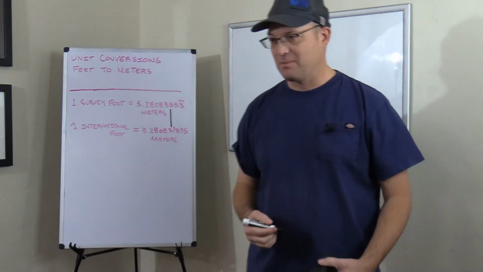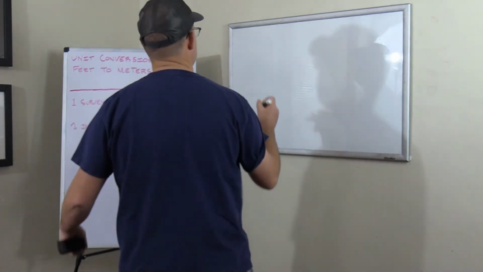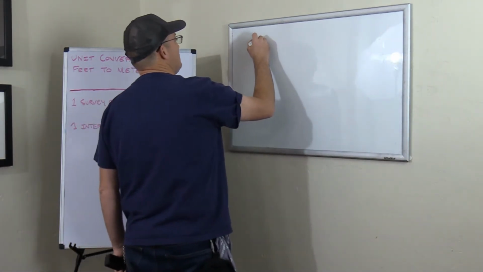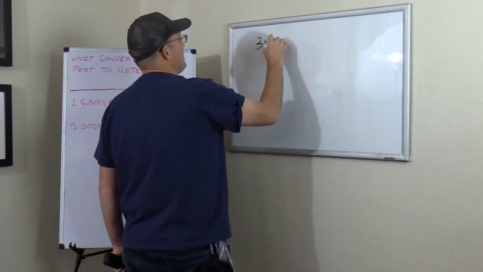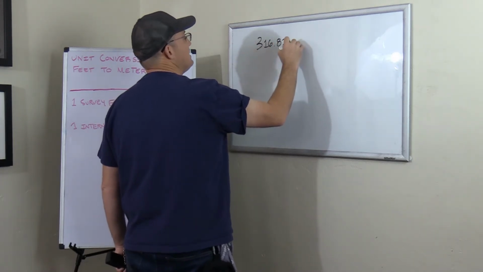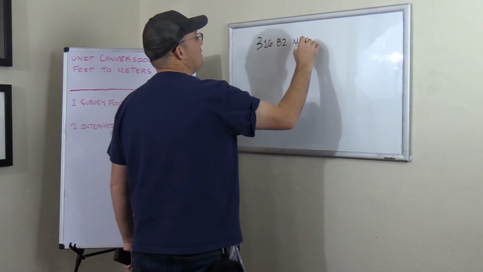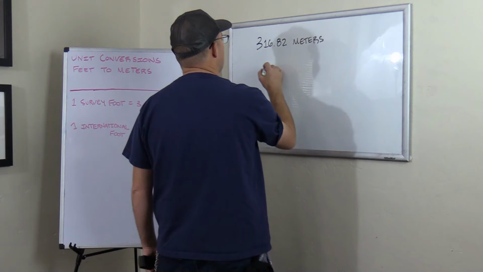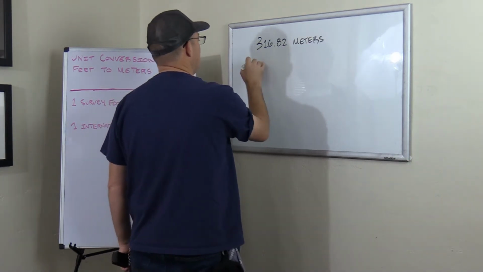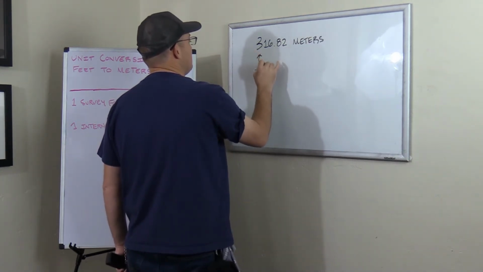So let's just do some simple unit conversions. Let's say we have a metric value that's 316.82 meters, and we want to know what is that in US survey feet.